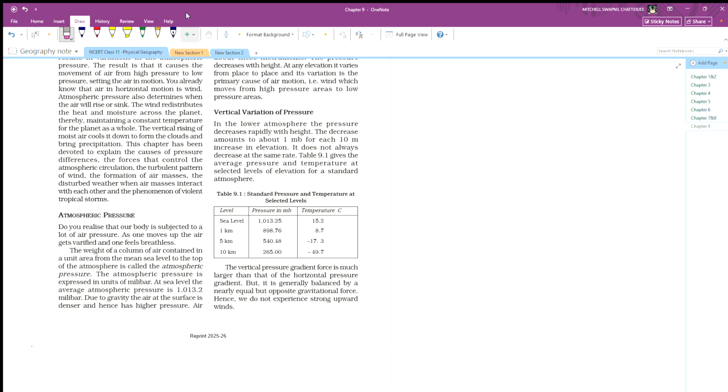Okay, let's go back to the chapter. One may feel breathless. Okay, this is the atmosphere. Atmospheric pressure is expressed in the unit of millibar.